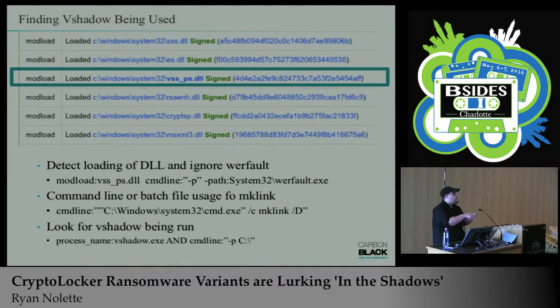One uses memory, one's particularly looking at a DLL, one's looking at a particular executable, and another one is looking for a particular command line command. Those are four different vectors that you can now look at for this one attack and get, I don't want to say no false positives, but I only ran it in a system of 5,000, so I don't know what your environment's going to look like.